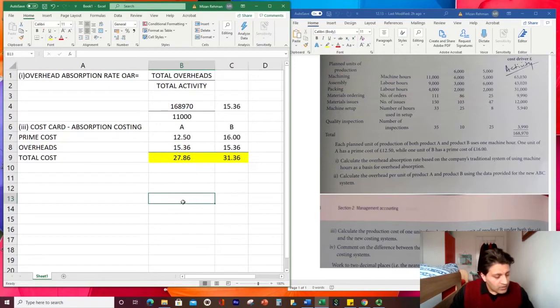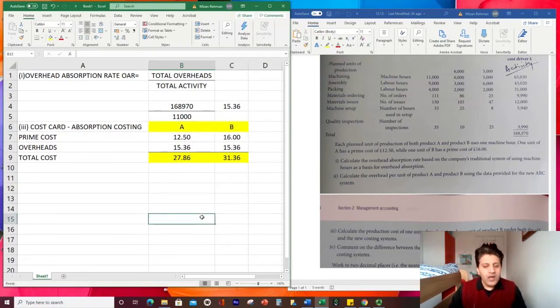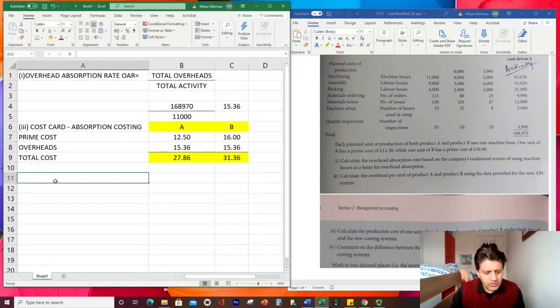So these are the two answers, the two prices for the two products A and B. Absorption costing finishes here. Now the next part of the question would look at activity-based costing. You can watch this part of the recording next week when we actually have activity-based costing as our topic.